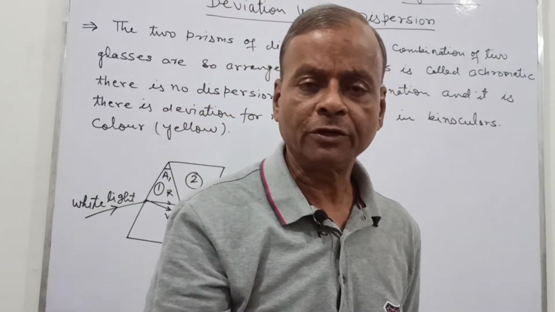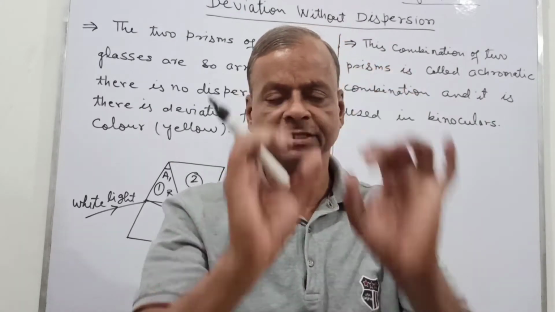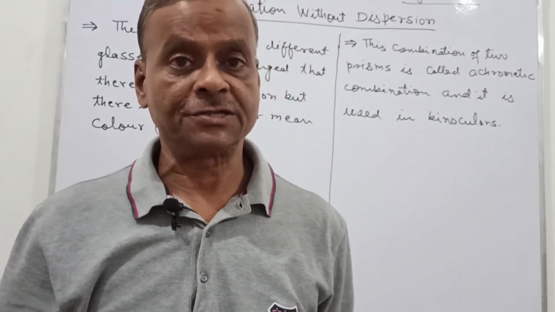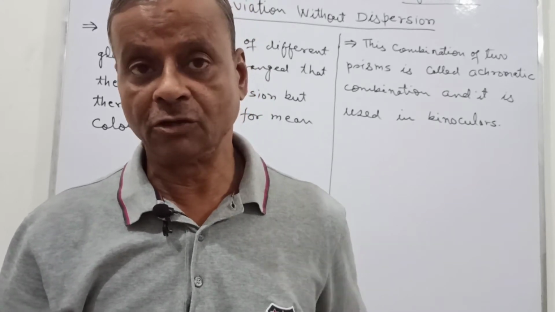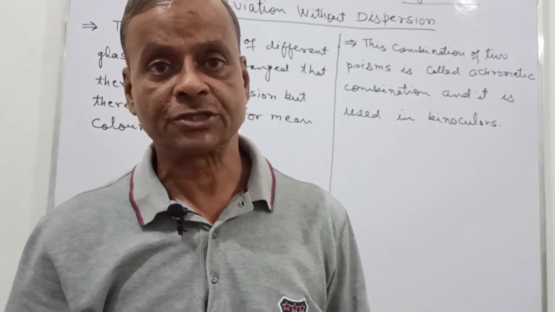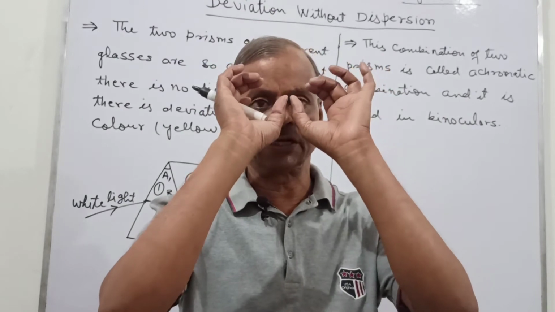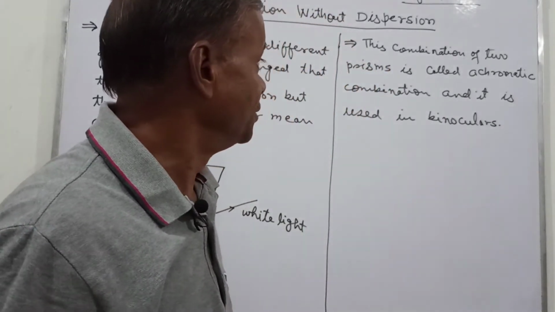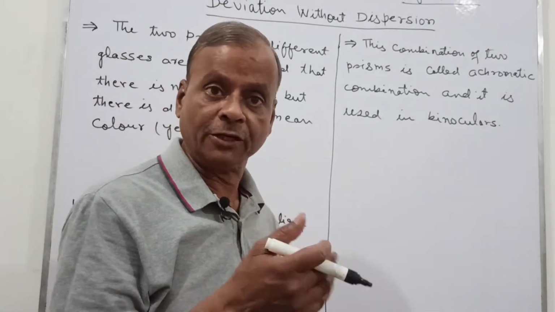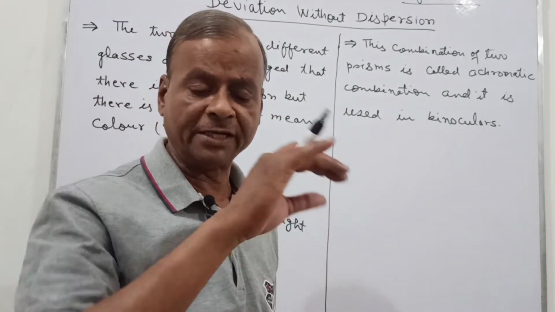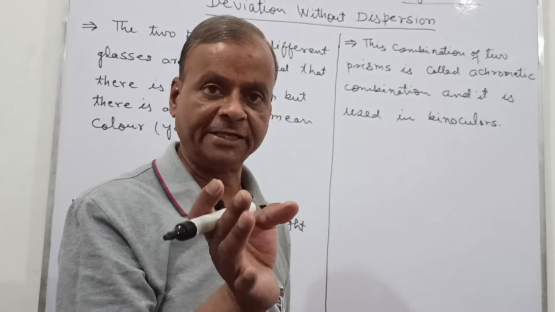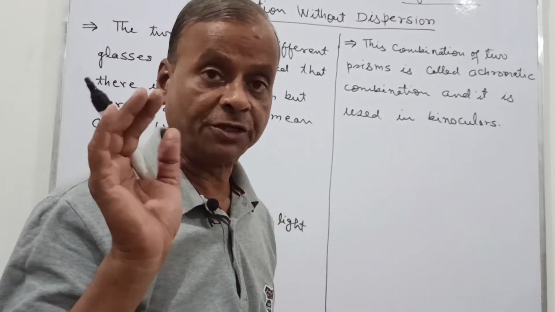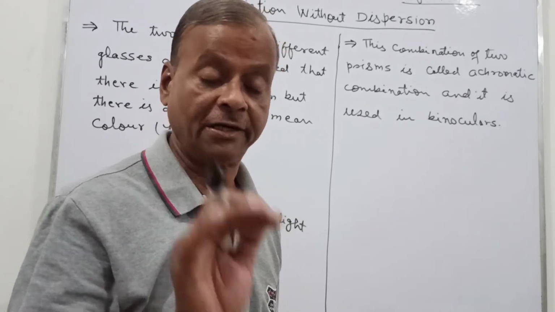Have you seen the binocular? You have seen that so many spectators in the cricket ground have their binoculars, so you used to see the cricket match by using the binoculars. This is giving no dispersion, so whatever kind of light is coming will be the same as the emergent light. So there is no dispersion at all. So it is clearly visible.